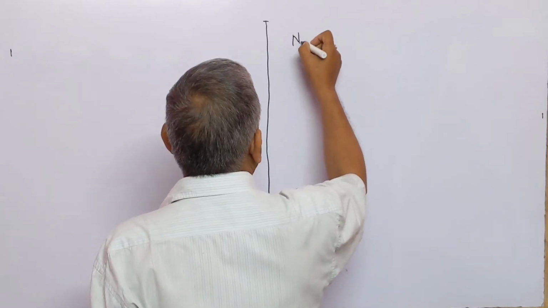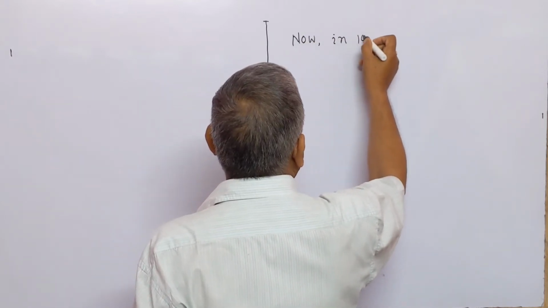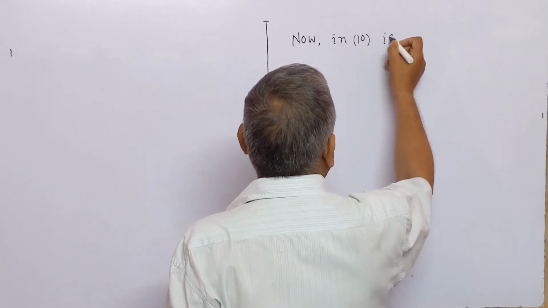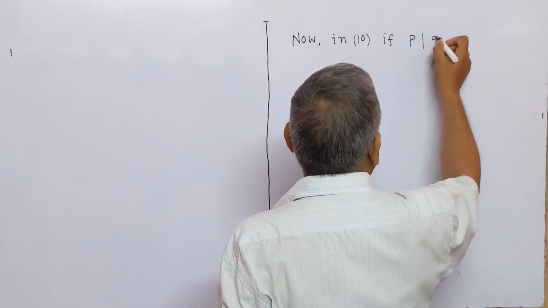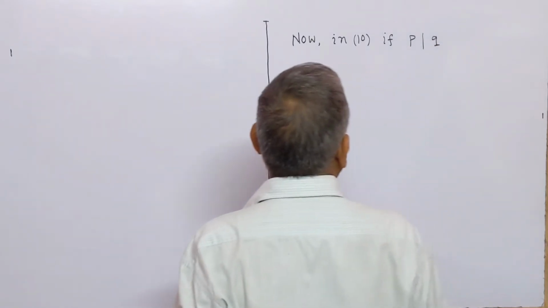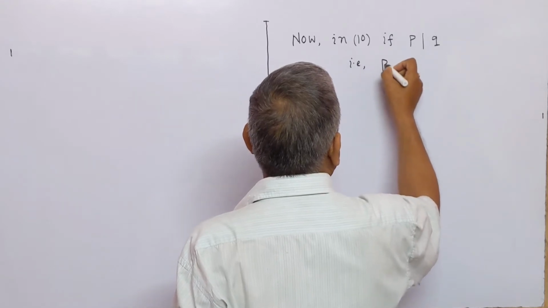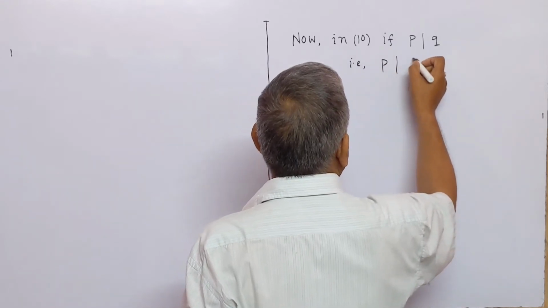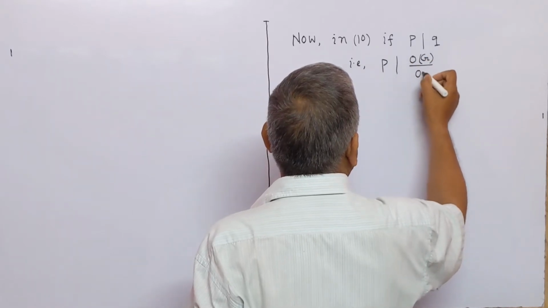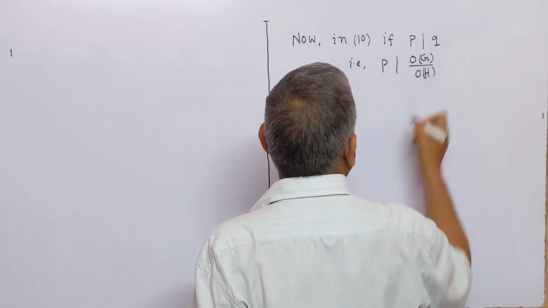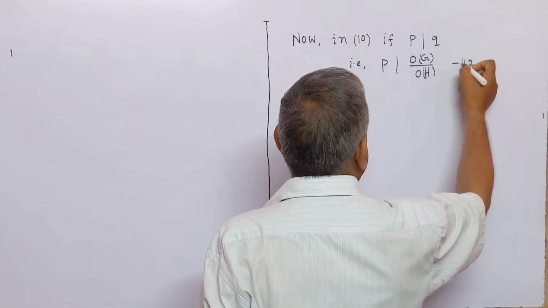Now, in 10, if P divides Q, that is, P divides order of G by order of H. Let this be number 12.